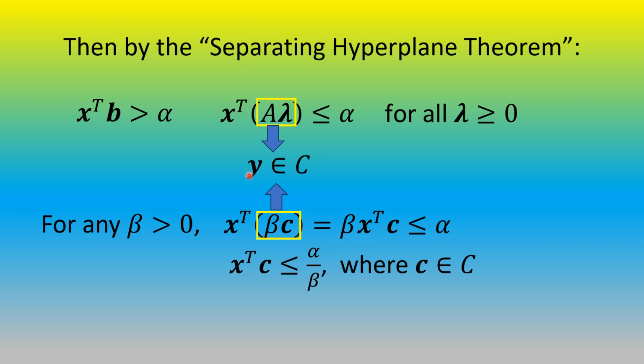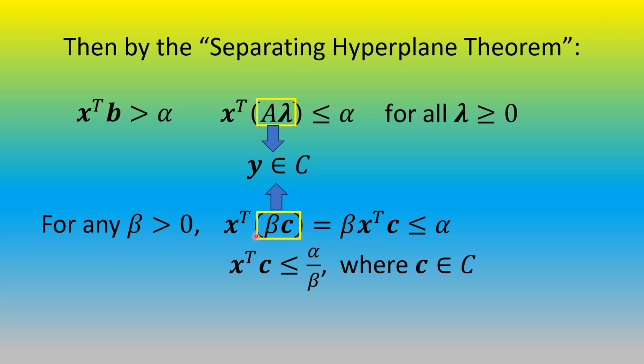So let's just say that we have a beta greater than 0. And then we can express the y vector as beta times some vector c.